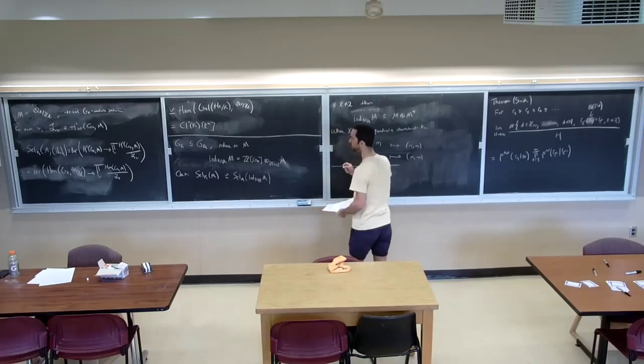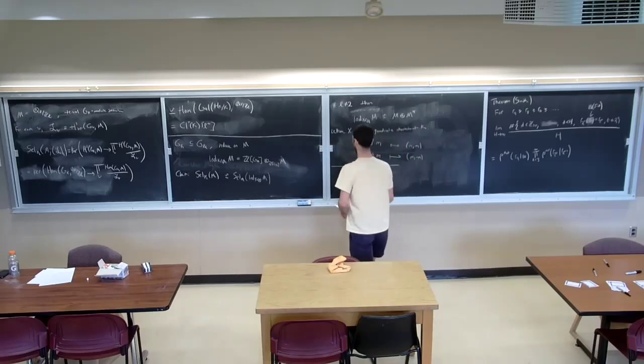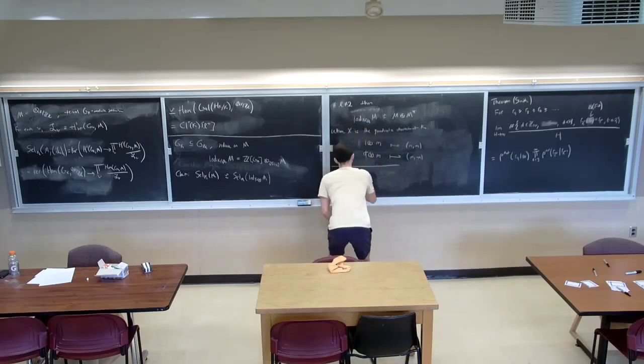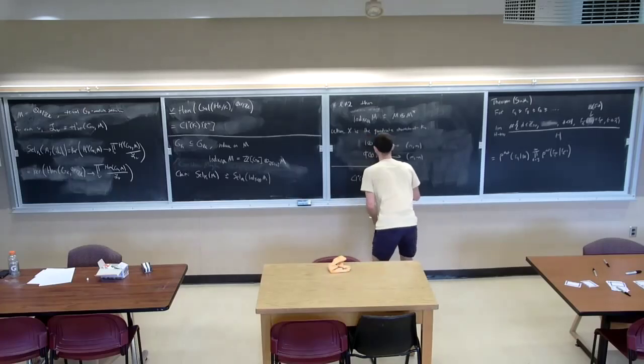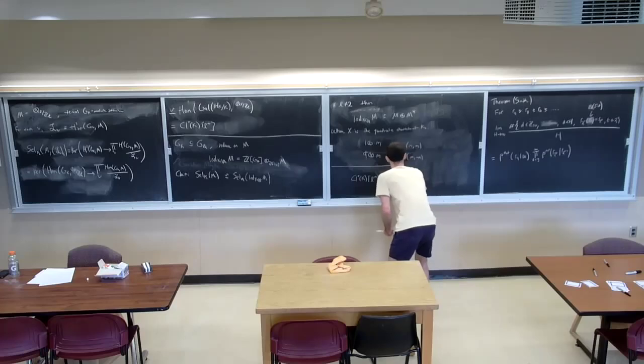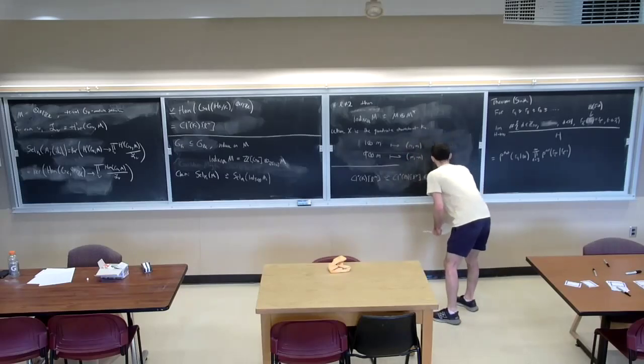So if I apply this in the case that I've been working with, where M is QL over ZL, then what I end up showing is that the L infinity part of the class group looks like the L infinity part of the class group of Q, which is nothing, and then some twist family.